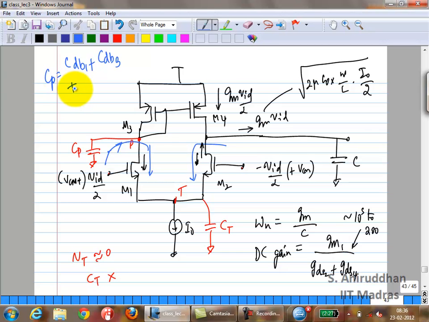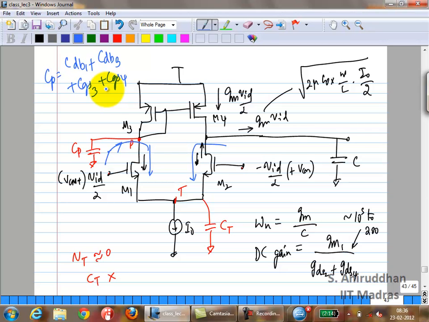Forget CGD for now. The gate to drain capacitance, we'll forget about it for now. It's usually very small. CGS of 3. Anything else? Drain source? There is no drain source capacitance, right? What else? Anything else? CGS of 4. Correct. Okay. So these are the 4 capacitances you are going to have.